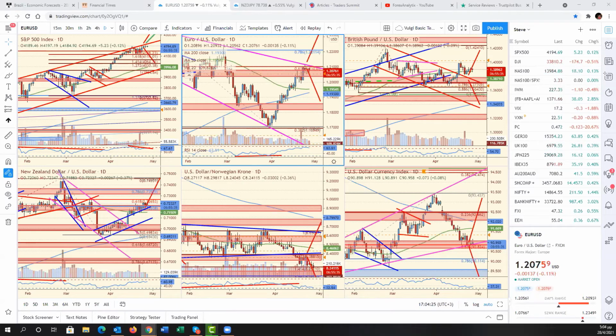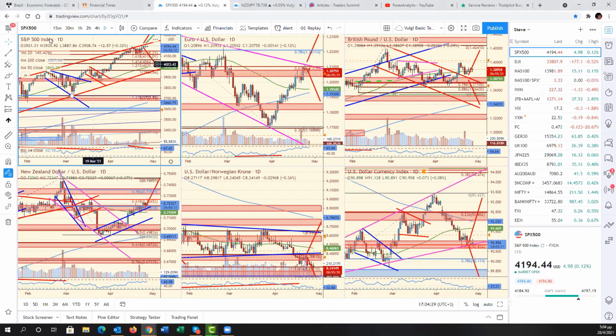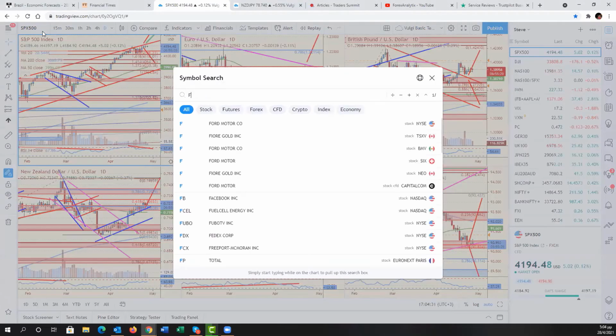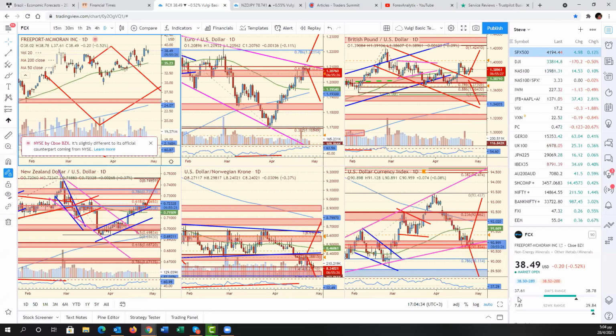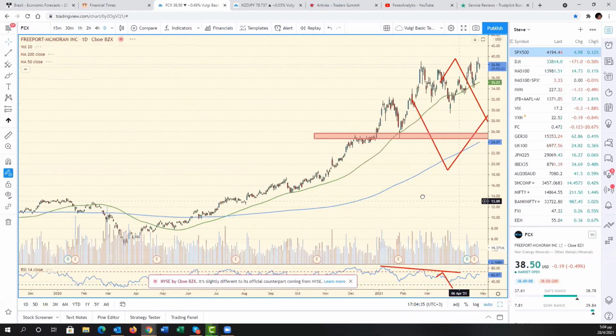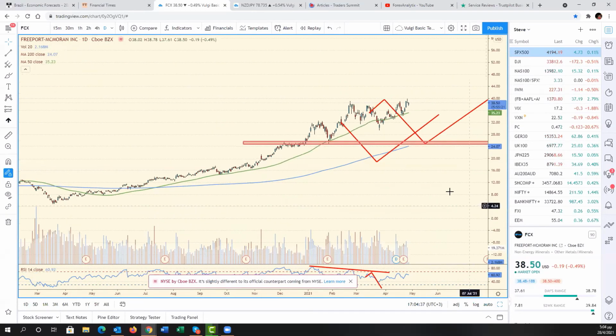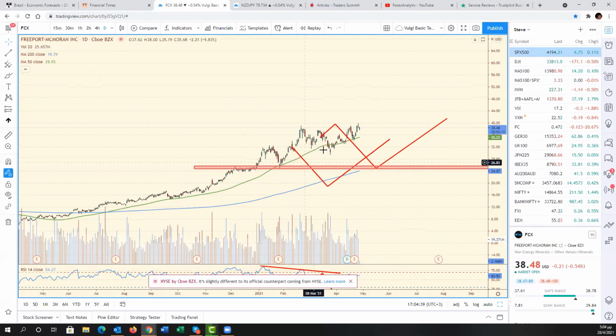There's a question if I can have a look at FCX and WY. Freeport something, whatever they're called. FCX. Okay, so they're an energy company from what I remember. We were expecting higher prices, but some type of corrective move. The corrective move, as you see, unfolded more in time.